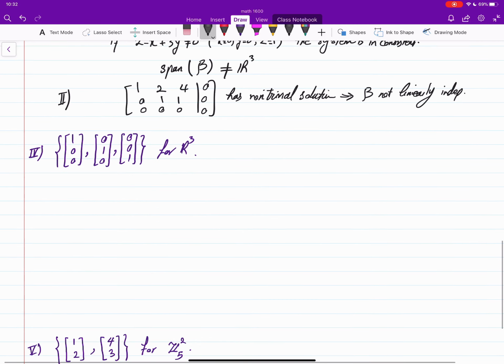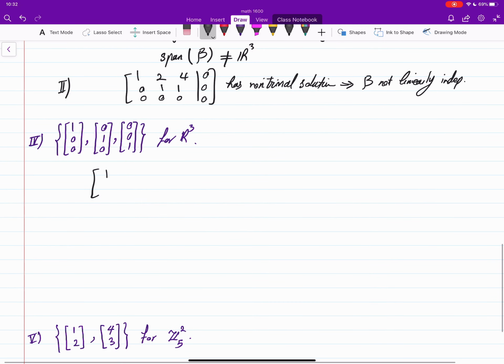How about this one here? 1, 0, 0, 0, 1, 0, 0, 0, 1. Well, if you put x, y, z, this is already in row reduced echelon form. That means that no matter what x, y, z is, it has a solution.